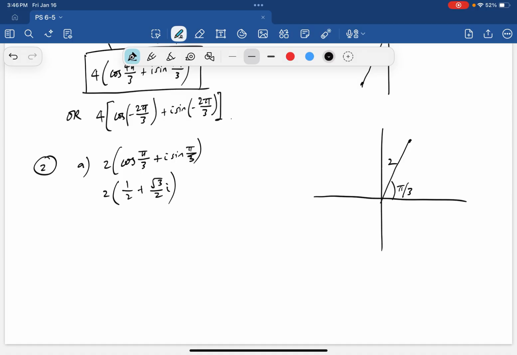Okay, and then we expand this, and we'll have 1 plus root 3i. I think that should be right.